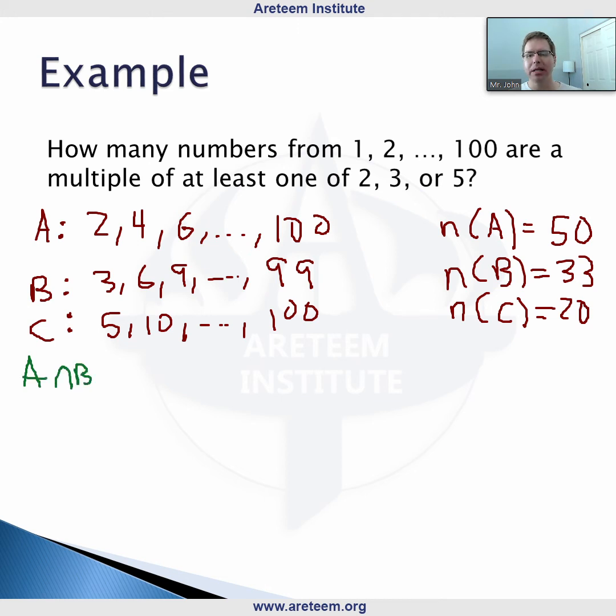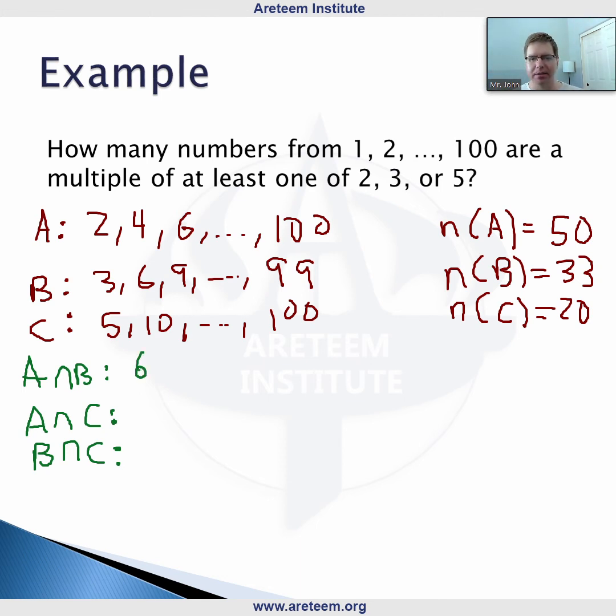So how about we consider their intersections? What does it mean to be a multiple of 2 and a multiple of 3, or a multiple of 2 and a multiple of 5? These things are actually easy. If you're a multiple of 2 and a multiple of 3, you're a multiple of 6.